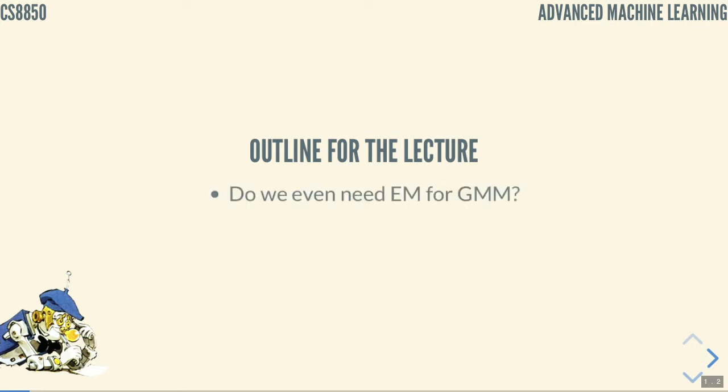So do we even need EM for Gaussian mixture models? We've considered Gaussian mixture models already. We'll come back to them again today, and you will come back to them again in the homework. Gaussian mixture estimation, a hack we will consider, well, you will consider that is your homework exactly.